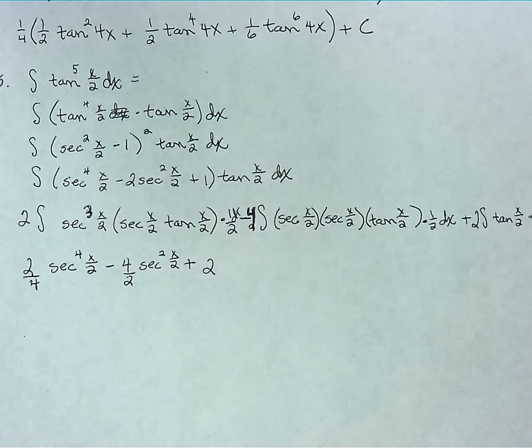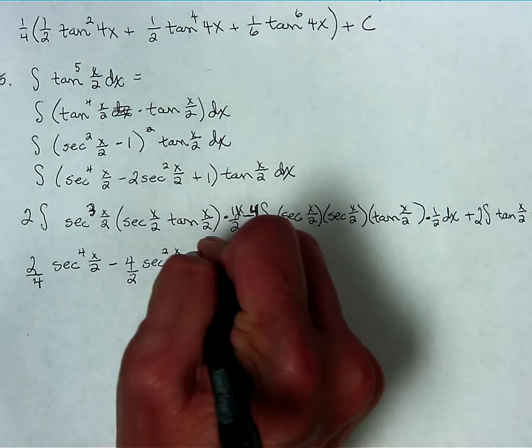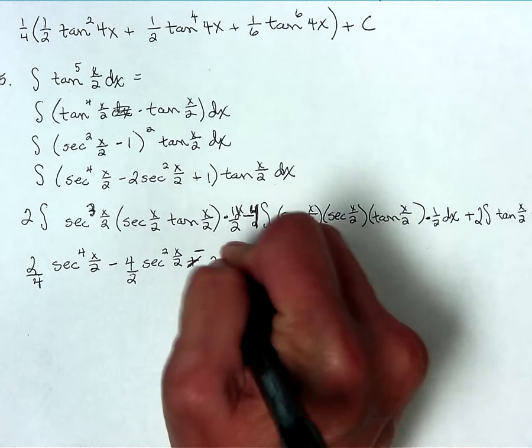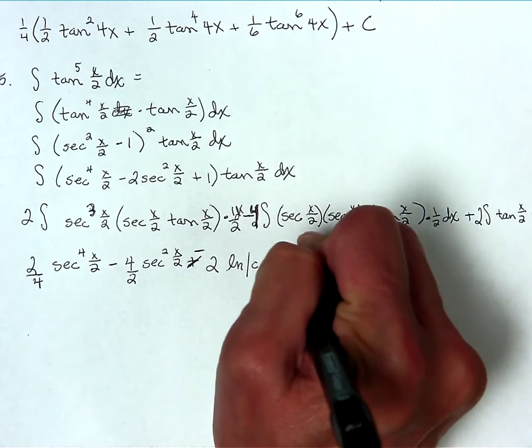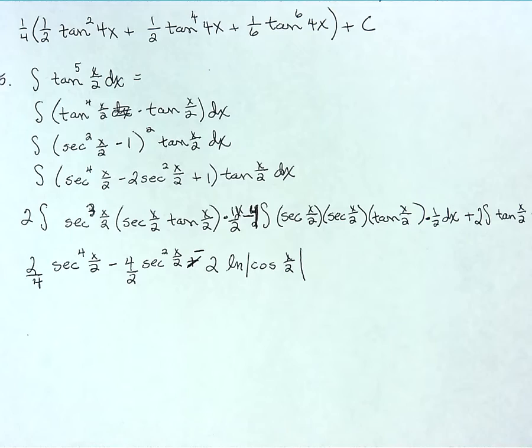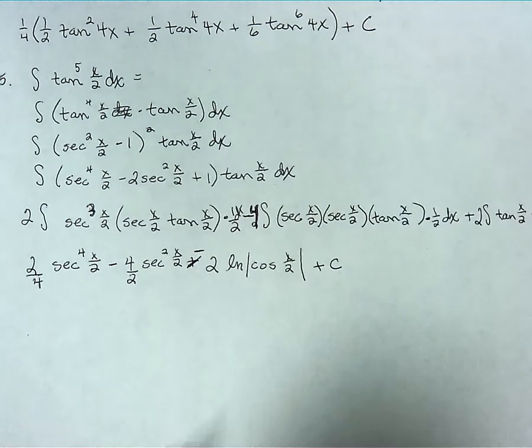If you remember it, yay. If you don't remember it, write it exactly like you did. Tangent is sine over cosine, and since sine is almost the derivative of cosine, except you need a negative, this would become minus 2 natural log of absolute value of cosine of it. And clean that up and that up, and you have what you have.